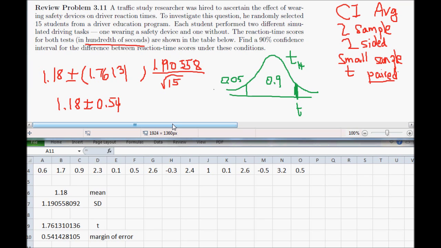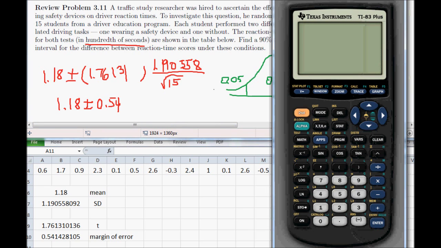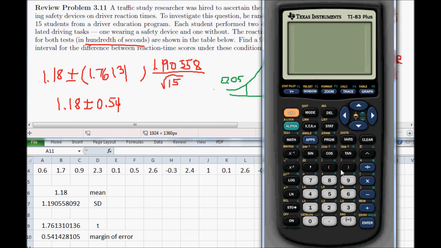That's how to do the problem in Excel. Let me just remind us how to do this on a calculator real quick. Ahead of time, I've already put in the differences, 0.6, 1.7, 1.9, 2.3, and so on.